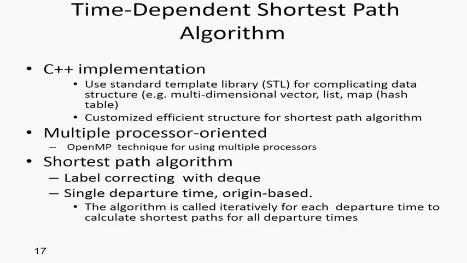Okay. So another major component in the DTALite is the time-dependent shortest path algorithm. You are more than welcome to look at the open source code available on the GitHub website. Many students might know, over the last almost 7 years, we developed this open source DTALite.